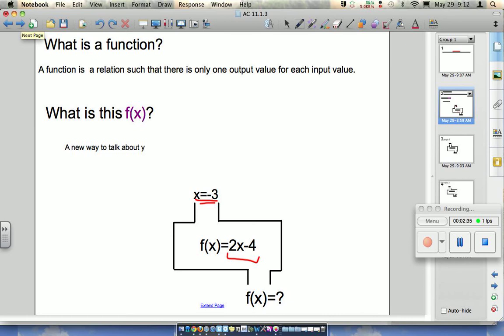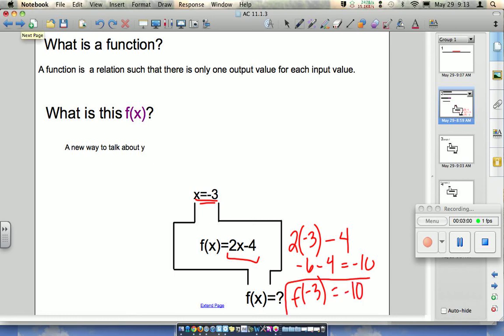I'm going to do that by doing 2 times -3 minus 4, by simply plugging in -3 for the value. And that will give me my value at -3. And so I get -6 minus 4, I get -10. So f of -3, that's saying the function at -3 is -10. And that's how I would give my answer. The function at -3 is -10.